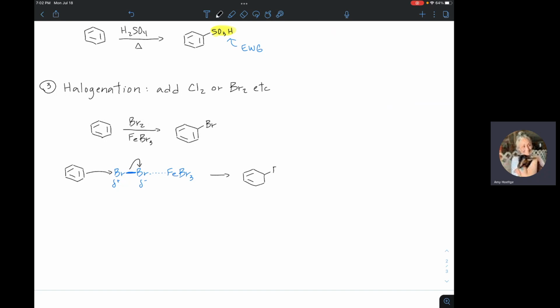We put the electrophile on the ring. We've pulled electron density away from that carbon. If you're wondering, if you're only starting out with benzene, I could put this bromine on any carbon. Doesn't matter. I'm just choosing to stick to one side. I could have put it on the carbon below, and then the positive charge would have been on the other carbon, right? So this is not really that big of a deal.